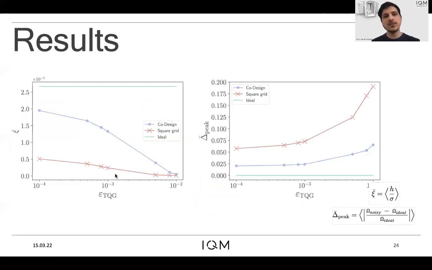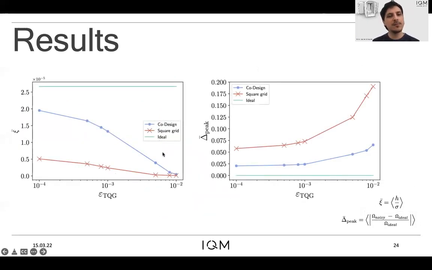So if we see the plots, we can see that co-design will outperform square grid for the psi rate against the square grid for a range of 2 qubit gate errors, and will approach the ideal case. For the peak frequency error, we can observe the same. The ideal case would have 0 peak frequency error, and co-design is closer than square grid to this case.